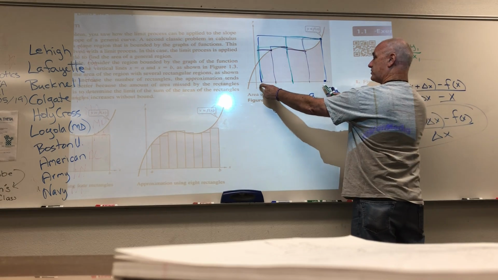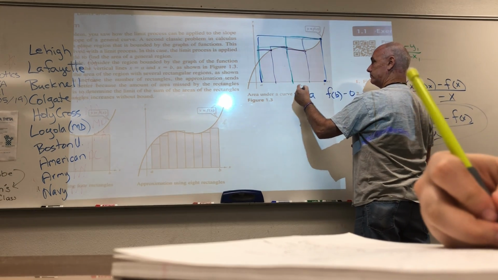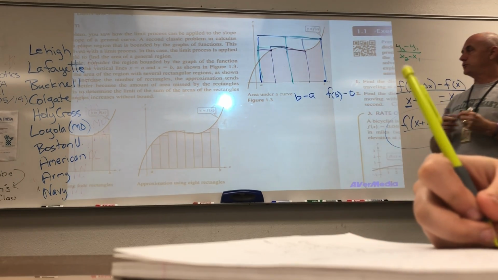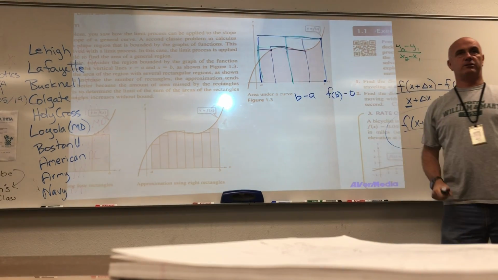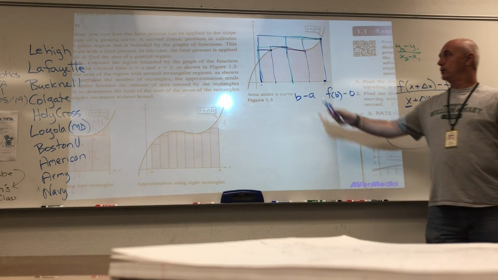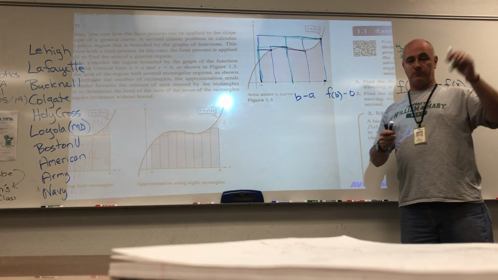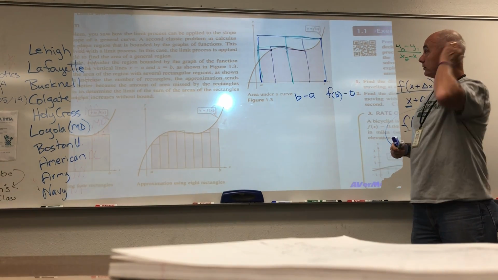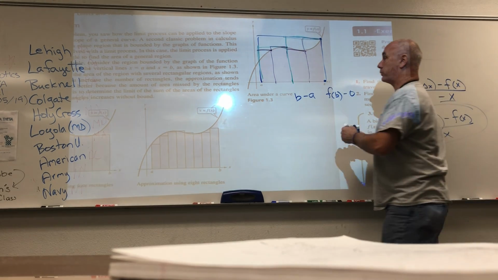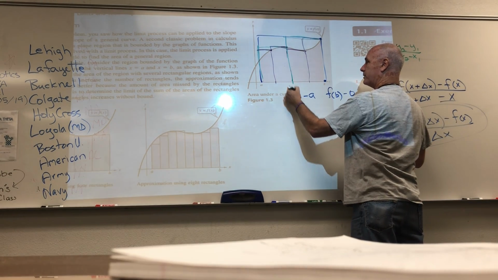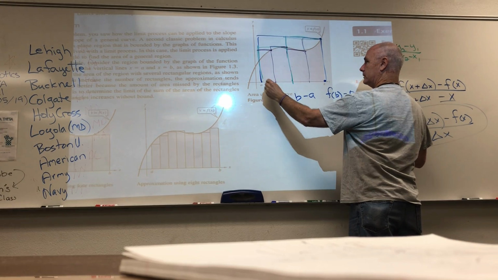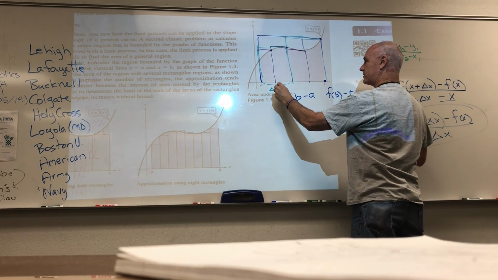We could call this distance between here and here delta x. So that would be b minus a with our original. But with the green rectangles, I'm sorry, color coding is great as long as you stay with it. With the green rectangles, what happened to delta x? It cut in half. So now delta x is only that.